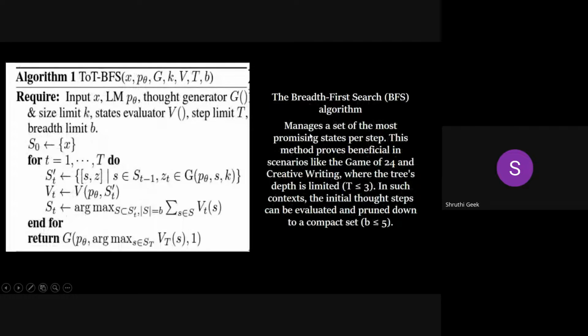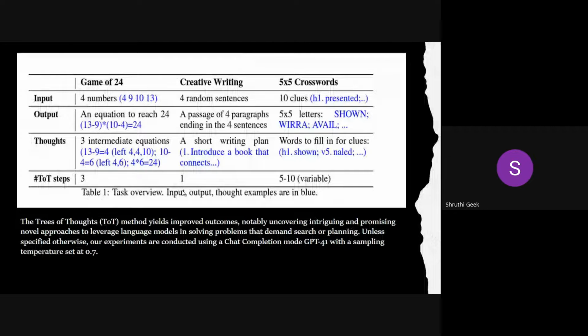In the paper, they have used around 3 to 4 techniques to evaluate this concept. One is something known as Game of 24. I'm sure you guys will know what Game of 24 is. If not, I will just explain it.